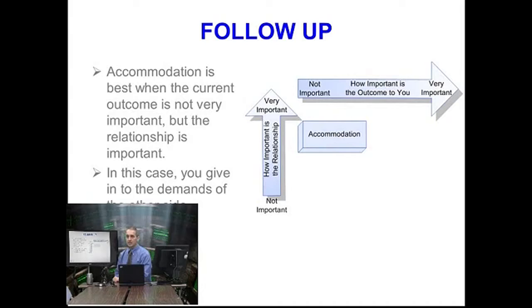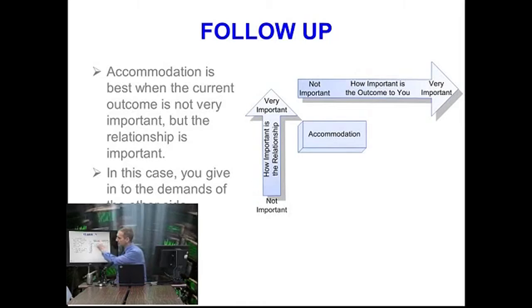What does accommodation mean? Accommodation means you give what the other side wants. Not necessarily 100%, but what they need, you give to them. If they need a lower price, you give them a lower price. If they need faster shipping, you give them faster shipping. If they need a higher quality, you give them higher quality.